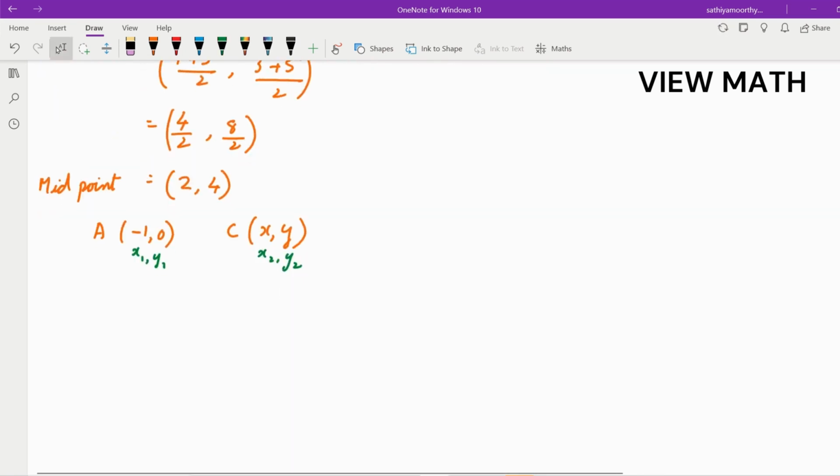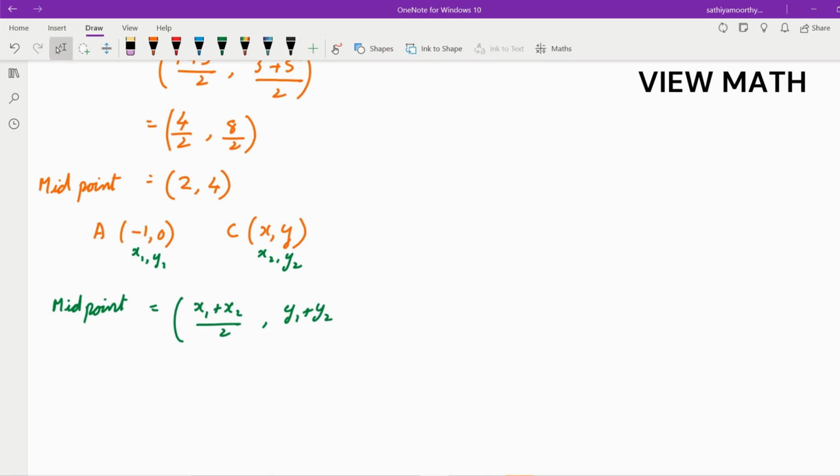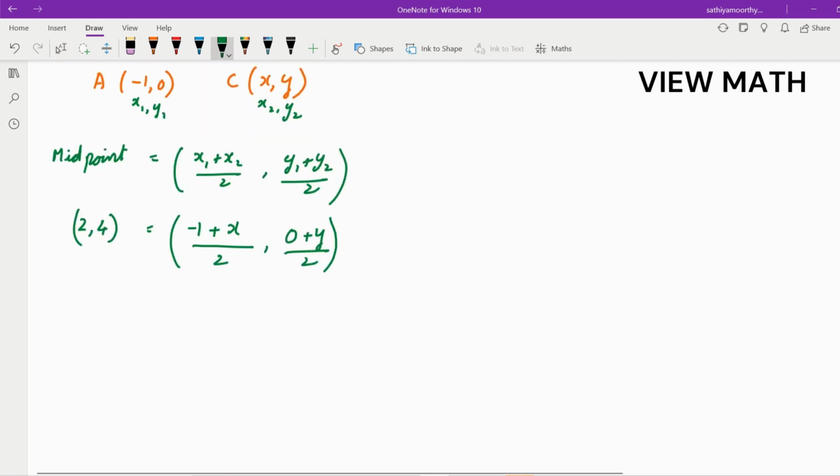Midpoint is equal to ((x1 plus x2) by 2, (y1 plus y2) by 2). The midpoint is (2, 4), so I substitute it, and here x1 is minus 1 plus x2, which is x, the C coordinate, divided by 2, and y1 is 0 plus y2, which is y, by 2. I'm going to equate the x and the y coordinates on both sides, x to x and y to y.